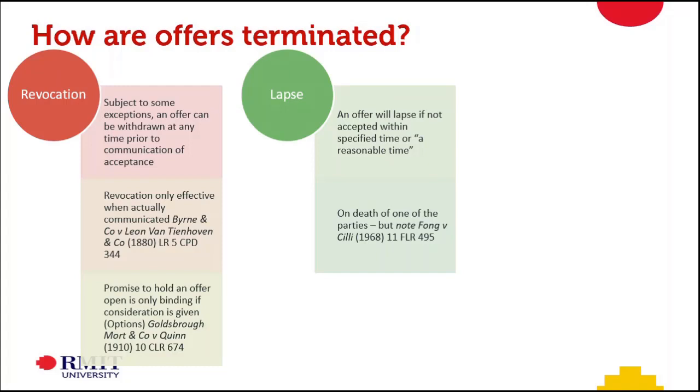But if one of them dies, or in the case of a company, goes into liquidation or is wound up, the offer disappears. Fong and Chile is an exception to that, where the offeror died, but news of the offeror's death didn't reach the offeree until after they had accepted the offer. So if they had found out about the death before they had accepted, it would have been terminated.